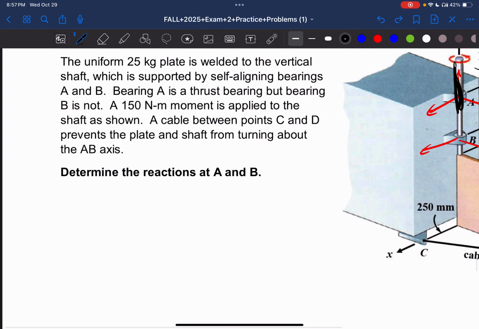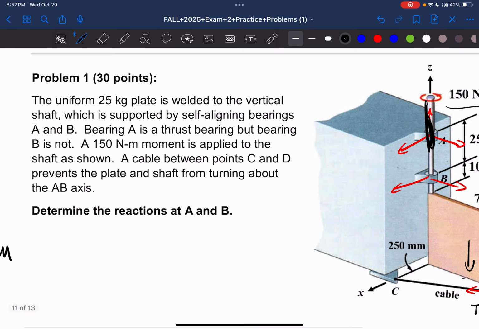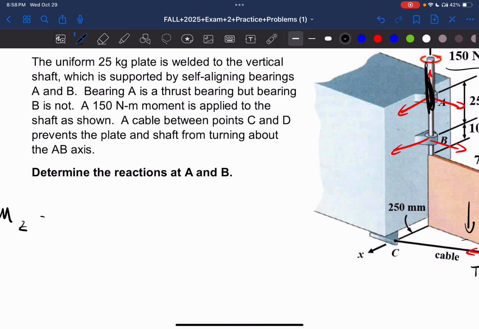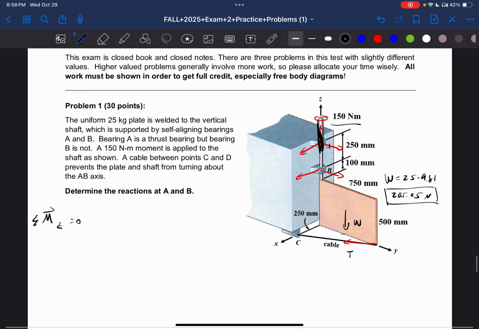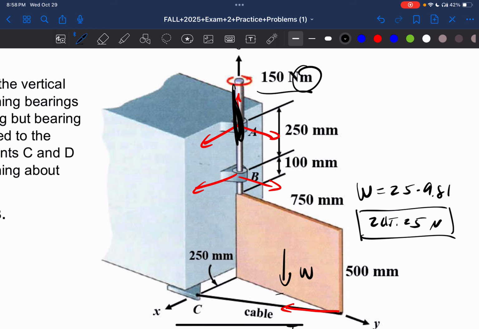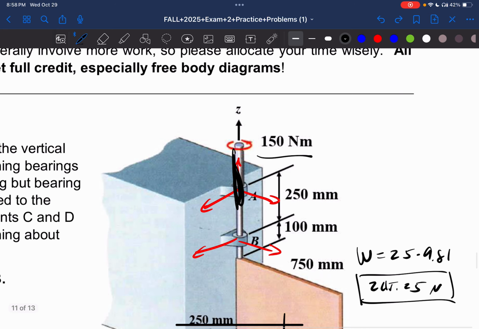So let's do moment about the z-axis. The sum of the moments is going to be equal to 0. Oh, shoot. Okay, this is in millimeters. This is in Newton meters. Okay, so 150 Newton meters times, we need meters on the bottom.